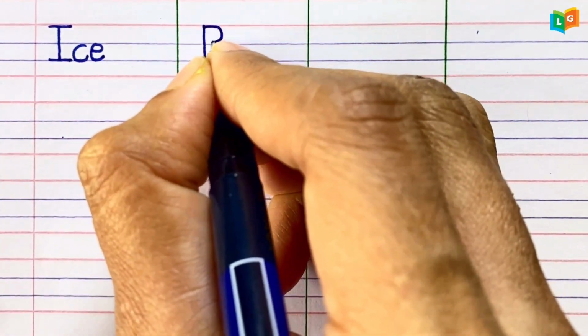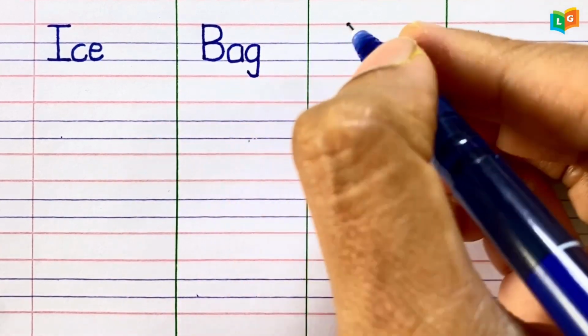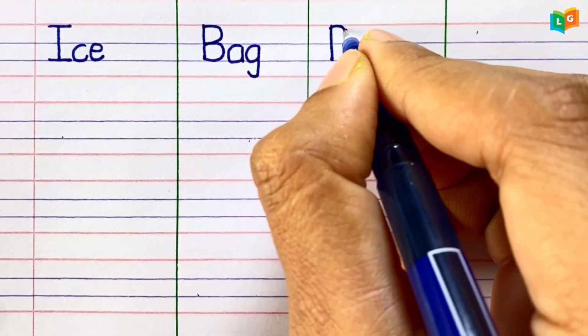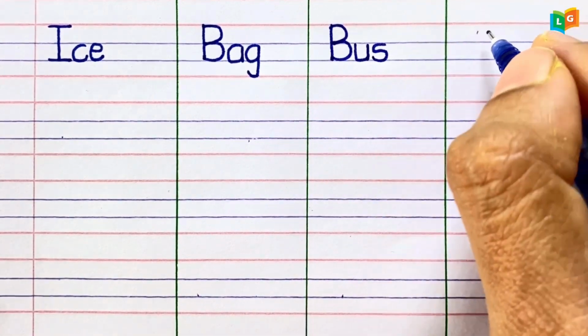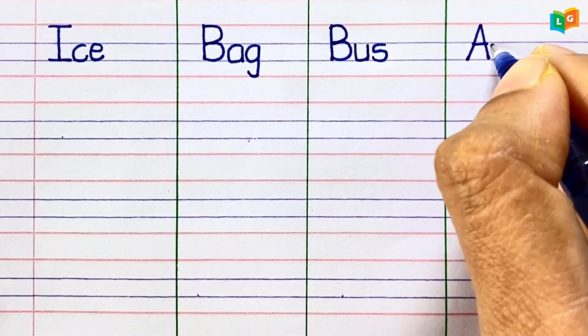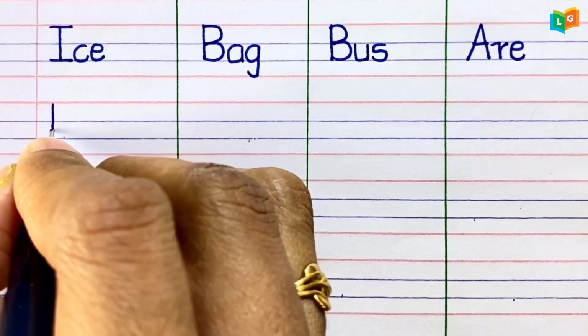I-C-E, ice. B-A-G, bag. B-U-S, bus. A-R-E, are.